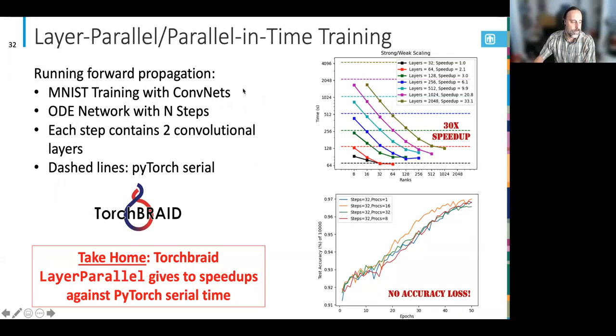And it gets good speed ups. That's what we've seen in the end. Even for the ResNet case, I'm able to get to 30x speed ups for fairly deep neural networks on relatively few processors. And we do this with no accuracy loss, really, in terms of test accuracy.